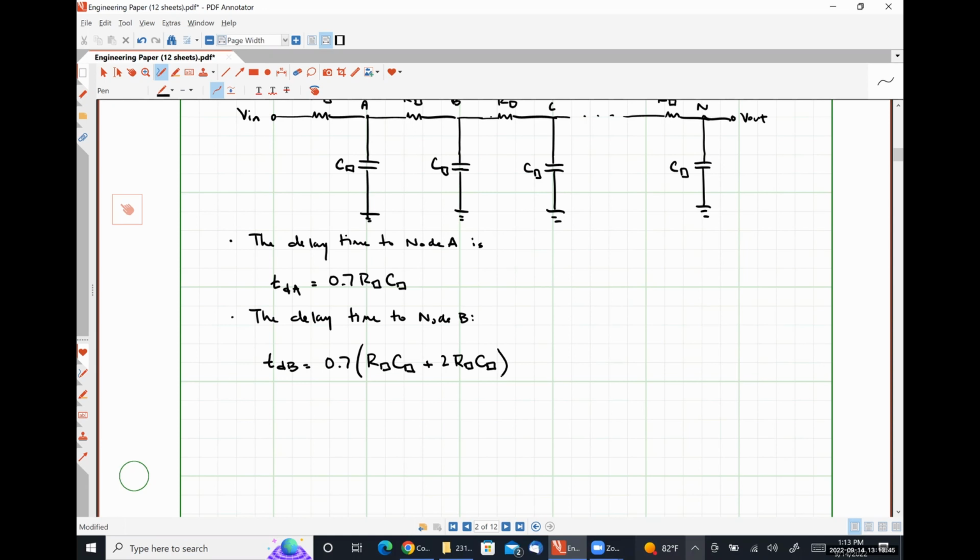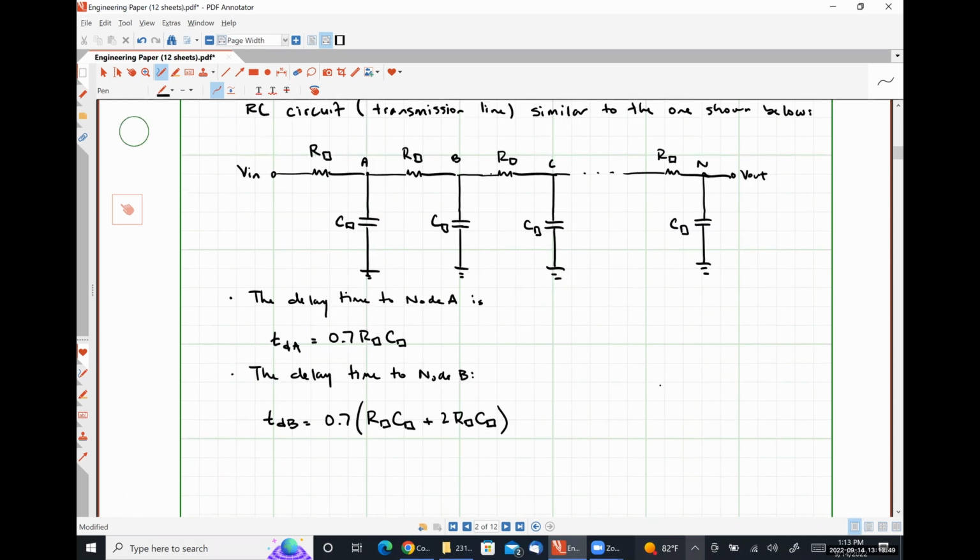So effectively, we're saying it takes time for the first stage to charge, and then the first stage charges the second stage, and then we have to recharge the first stage effectively. So it's taking time to propagate this signal down this ladder network, and it's going to be compounding for the increased number of nodes.